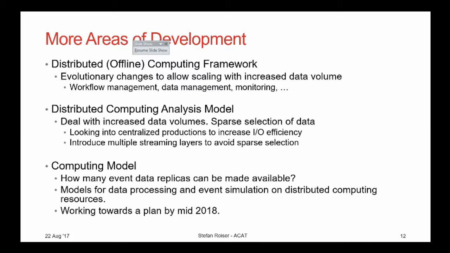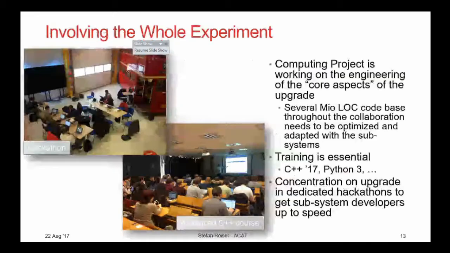So we will have very sparse reading of the data. What we are thinking about is to group all these selections into bigger chunks, or to introduce multiple streaming layers in order to make them more manageable, and then also the computing model that we are looking at.